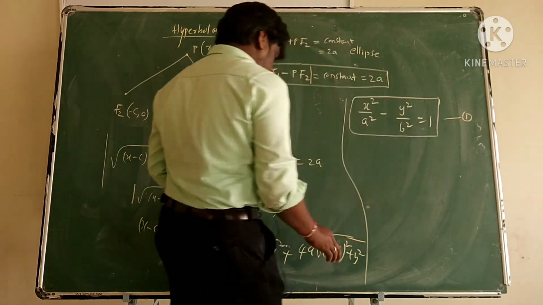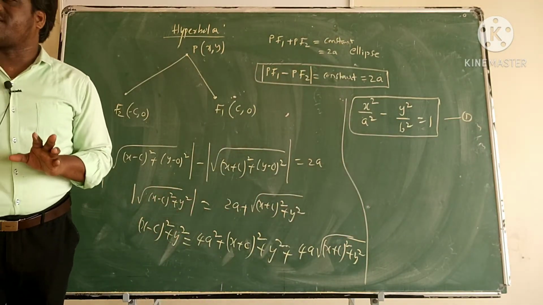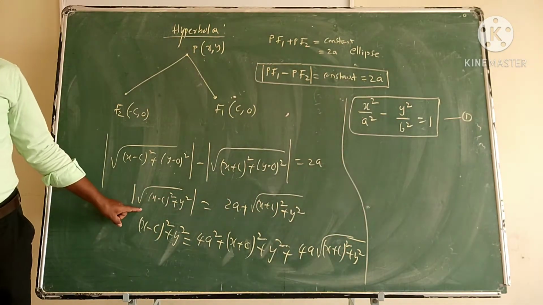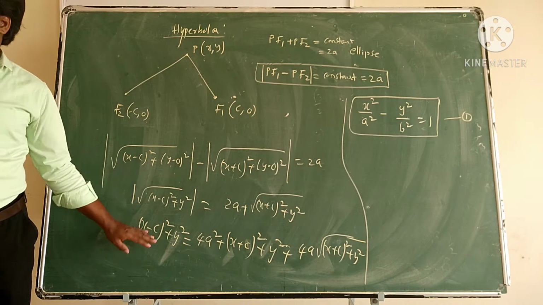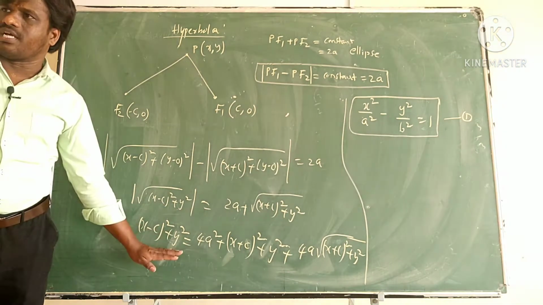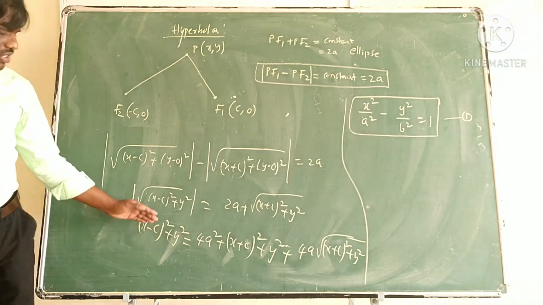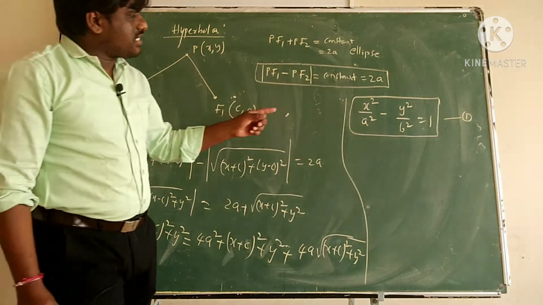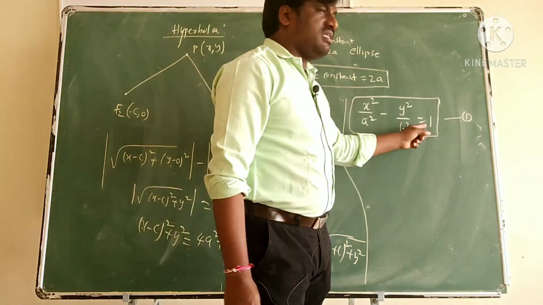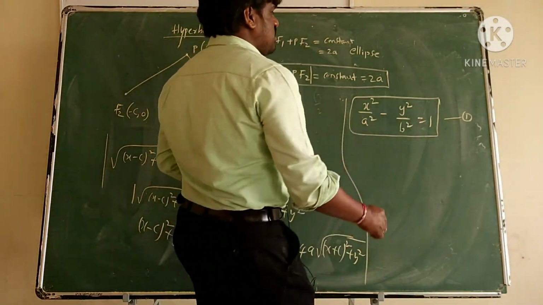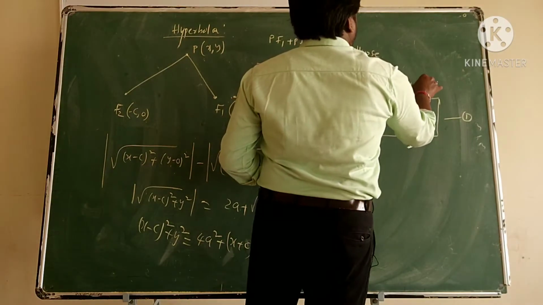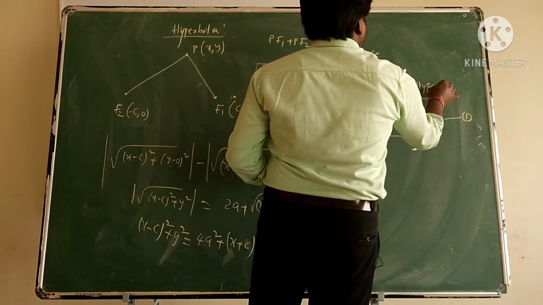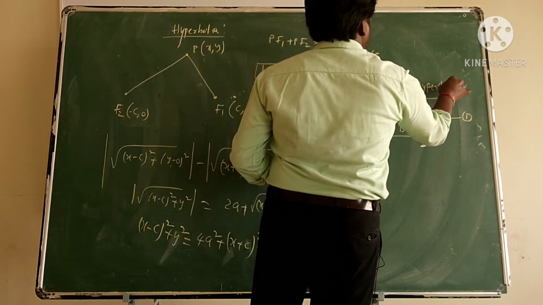If you have any doubt, you can go and watch the ellipse video. I explained the complete proof of this. Means complete solution I have proved in ellipse. So you can do the same thing here also. Same thing if you do, you get x square by a square minus y square by b square equal to 1. This is the form of hyperbola.